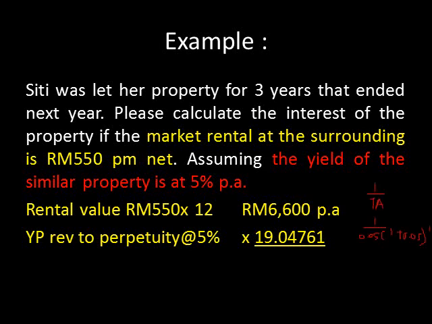The formula is 1 over IA: 1 over 0.05 times 1 plus 0.05 to the power of 1. Why the power of 1? Because it will end next year, so there is another 1 year left. So the capital value is 125,714 ringgit.